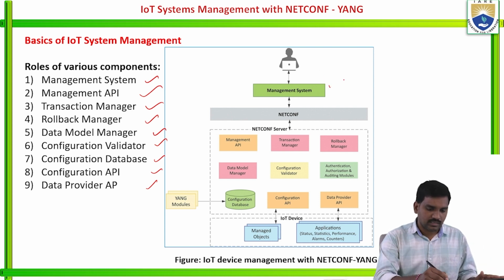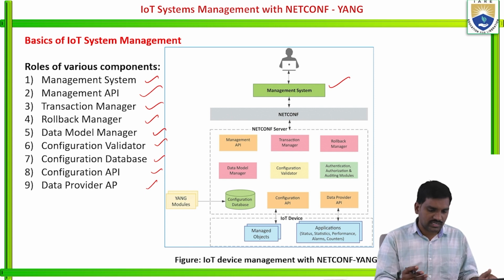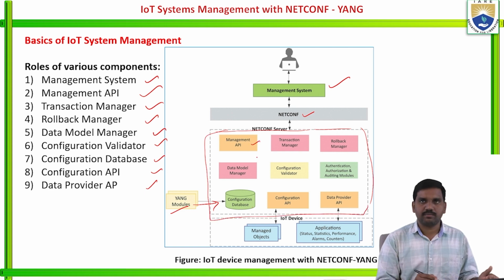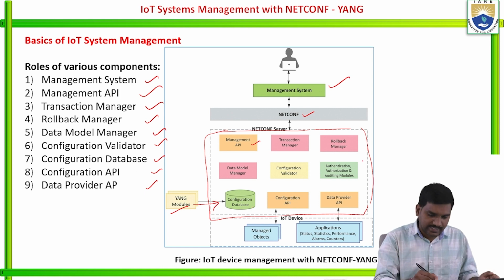The main role of this diagram is management. Under the management system, we have the network configuration server. Here is the YANG module, connected to the configuration database. The data lines under the network configuration server include the management API, transaction management, rollback manager, data model manager, configuration validator, and authentication, authorization, and auditing modules.